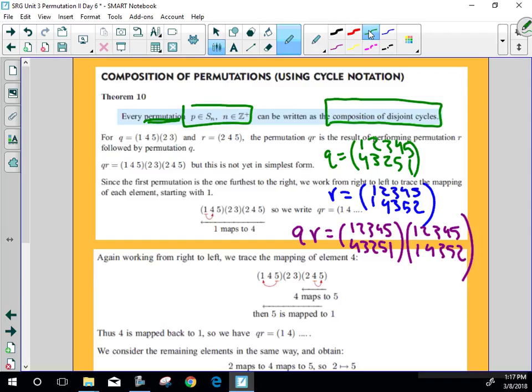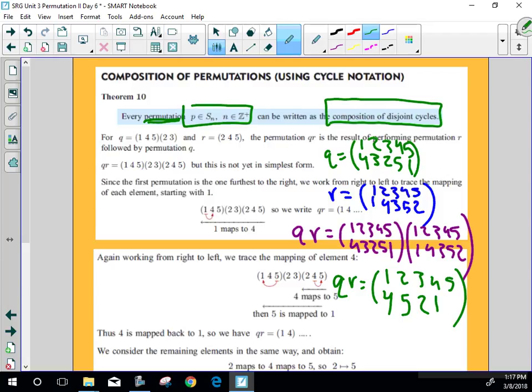So 1 goes to 1, then 1 goes to 4. 2 goes to 4, 4 goes to 5. 3 goes to 3, 3 goes to 2. 4 goes to 5, 5 goes to 1.